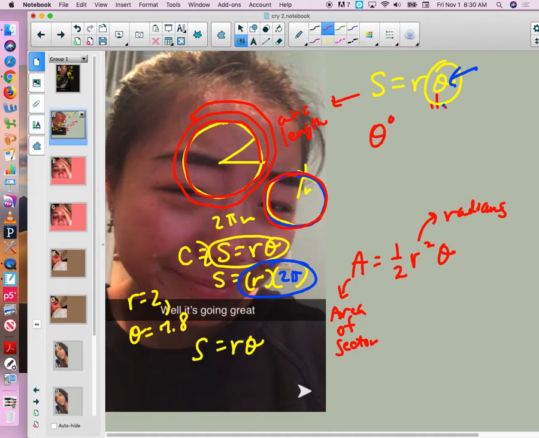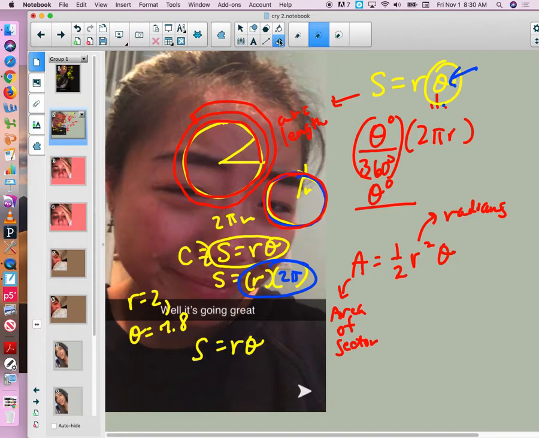We went to the angle in degrees out of 360, and then we multiplied that by 2 pi r, okay? Sorry, I was having to think of the old way to do it. So we have our angle out of 360, and we multiplied by 2 pi r. Somebody did this a long time ago. It's not attributed to anybody's name I've ever seen, but 360, would you agree, is 2 times, well, here, let's just do this.